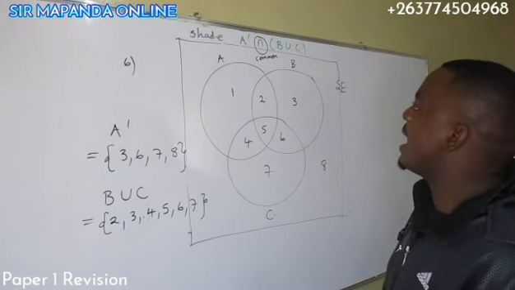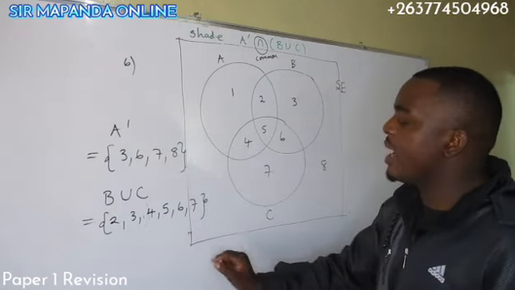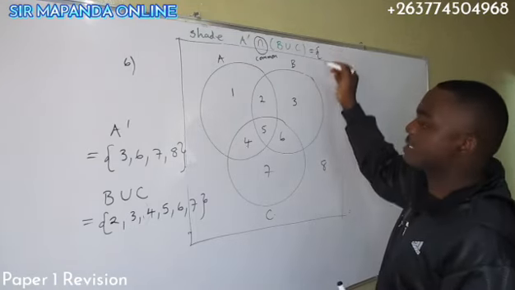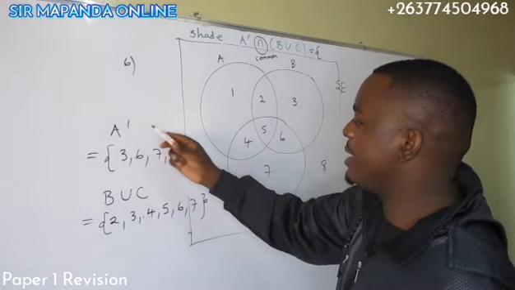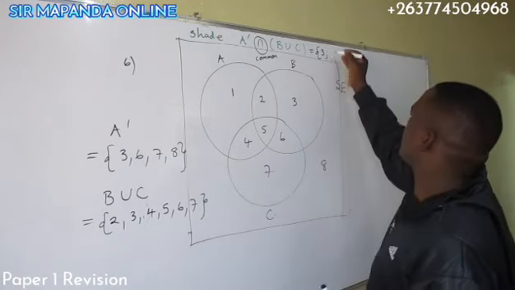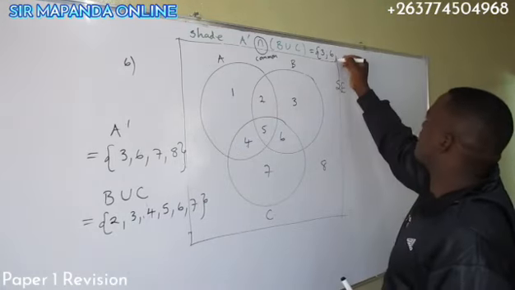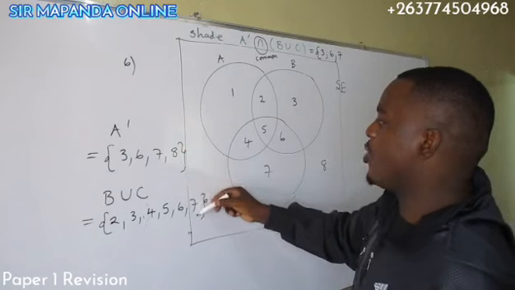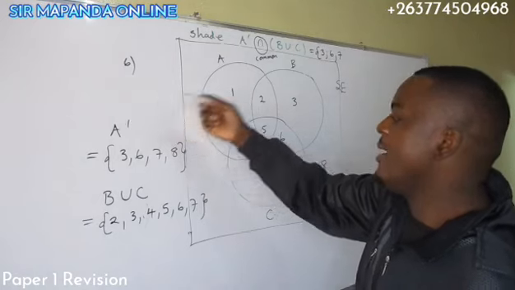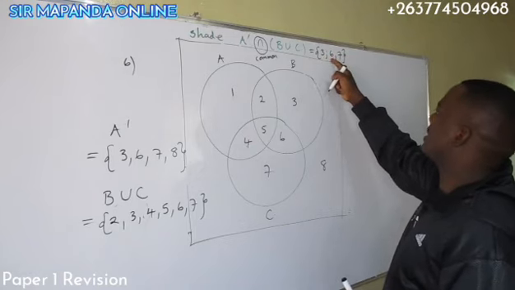By common elements, I refer to terms which are found in the A complement and at the same time appearing in B union C. So what are the numbers? 3 is appearing in A complement and B union C, so 3 is a common element. 6 is also a common element, since 6 is appearing in A complement as well as B union C. 7 is also a common element, but 8 is not a common element, since 8 is found in A complement alone, but it is not in B union C.